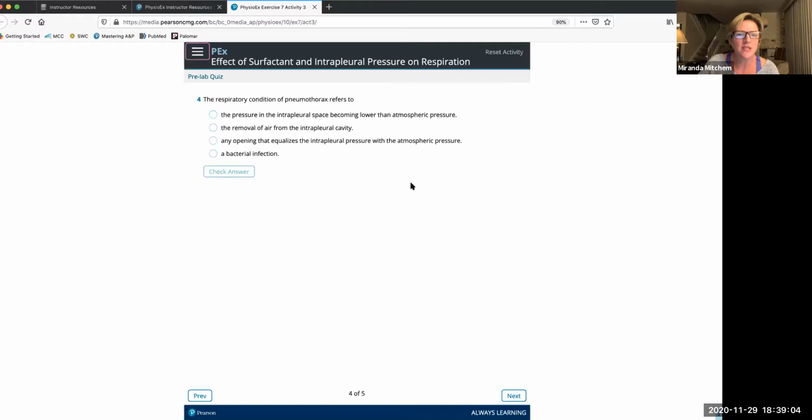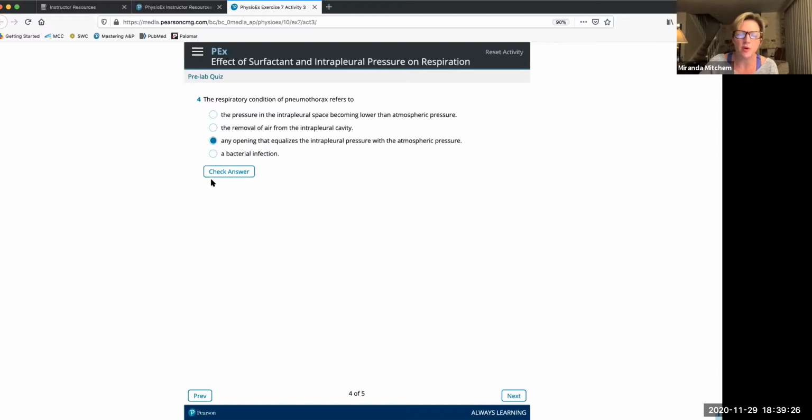The respiratory condition of pneumothorax refers to the pressure in the interpleural space becoming lower than atmospheric, the removal of air, any opening that equalizes interpleural pressure with atmospheric pressure, or a bacterial infection. It's choice C here.